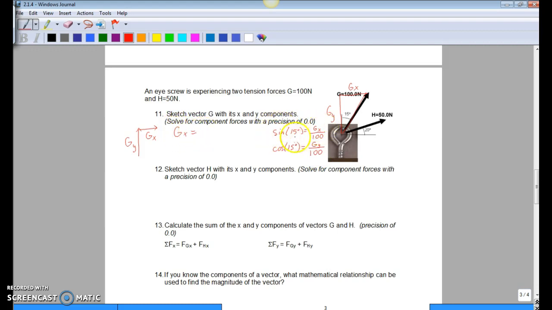We're going to solve this fraction, or this equation. The fraction has G of x on top, so to get G of x by itself, we take 100 times sine of 15.